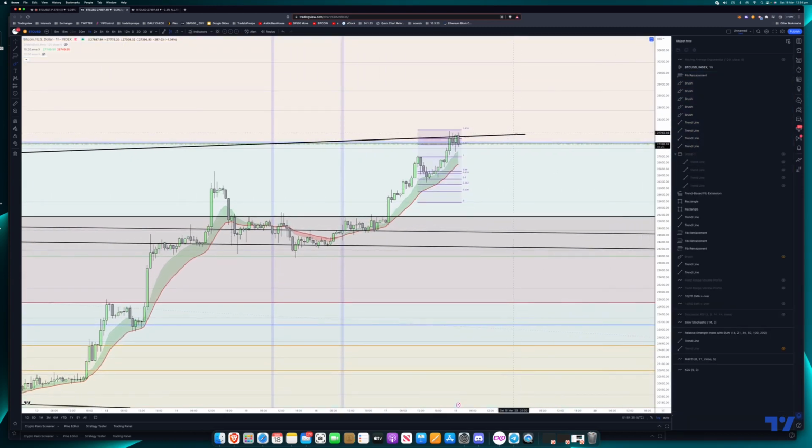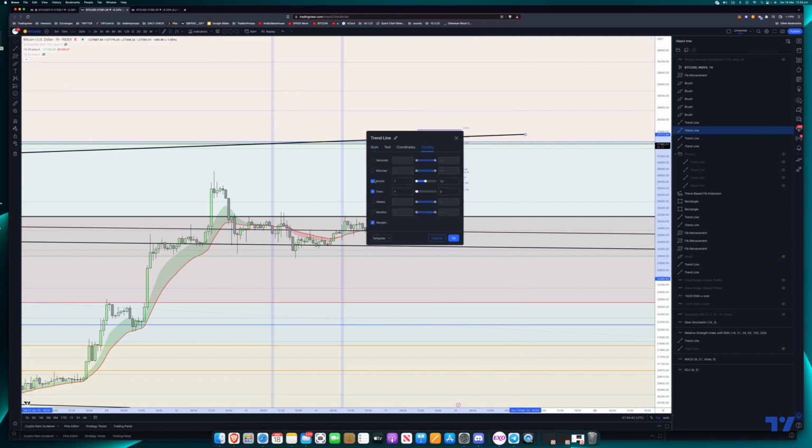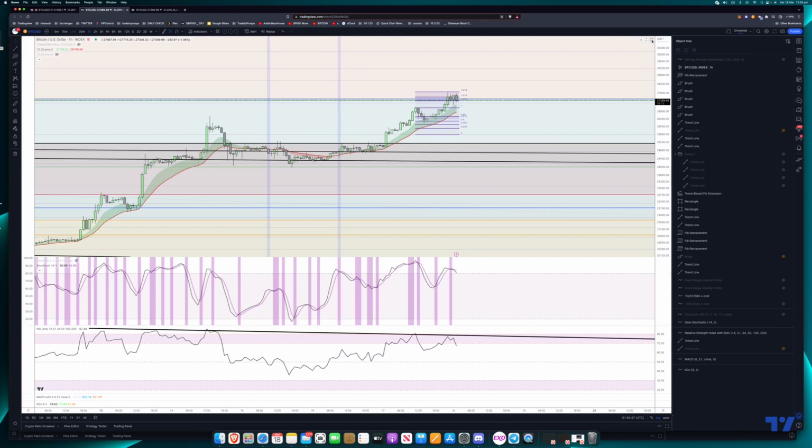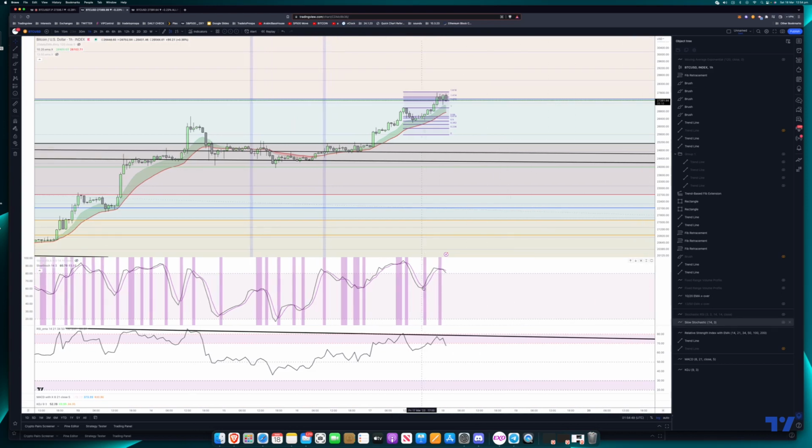And look for, let's just get rid of this for a sec. And lines to the MACD. The stochastic, okay.